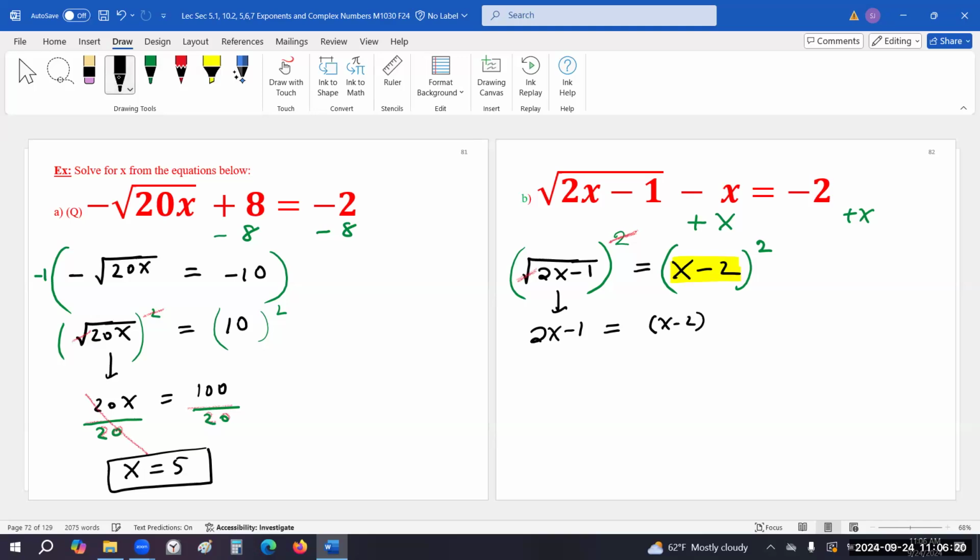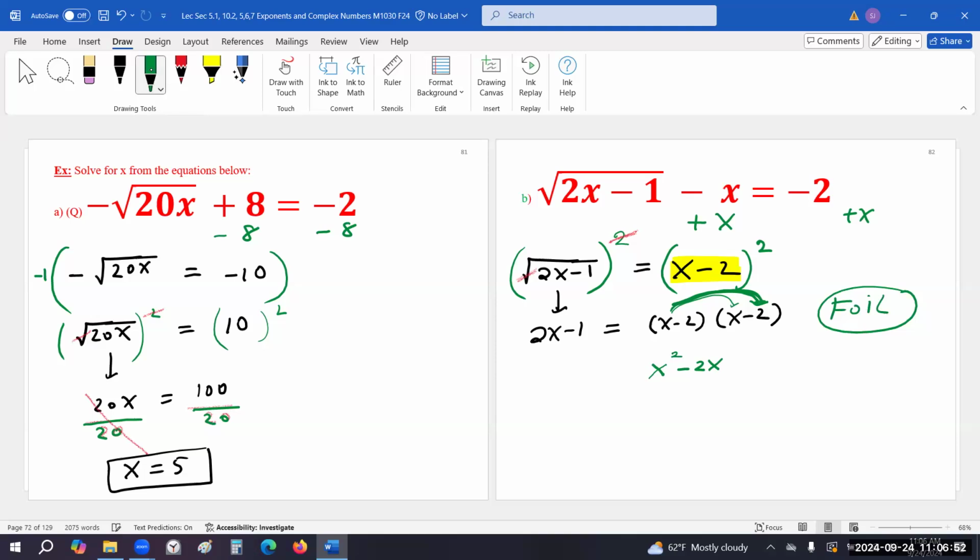So X minus 2 times X minus 2. And now we are going to use distribution. We are going to multiply them. So what do you get? X times X is X squared. And then X times negative 2 is negative 2X. You're going to distribute, FOIL.